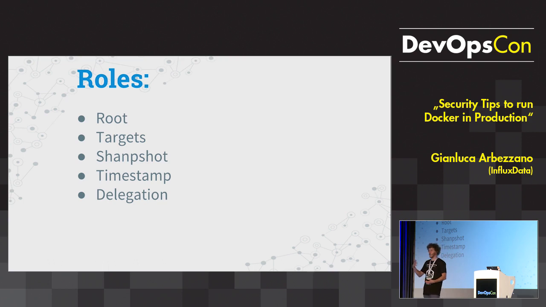Because one of the big kinds of attack that you have, there is a paper about it that I have a link to. One of the common attacks is to replace a package with an old version of the same package.